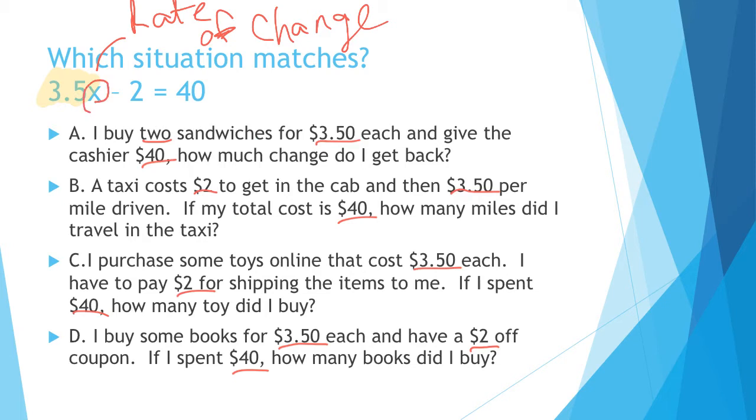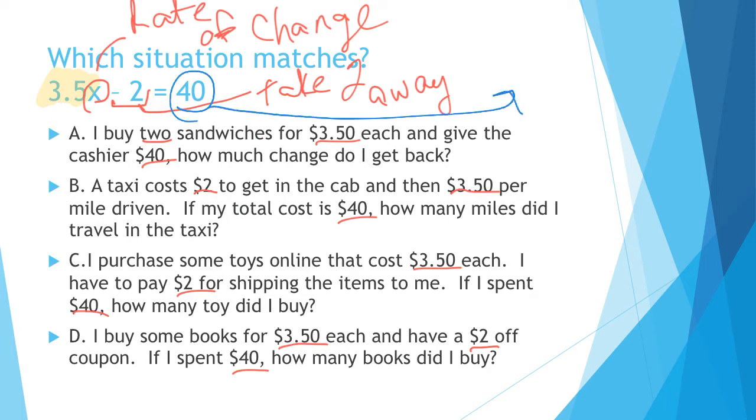We also need to look at this minus 2. Minus 2 means after I figure out how much I did there, I need to take 2 away. And finally, the 40 must be an amount that we equaled.